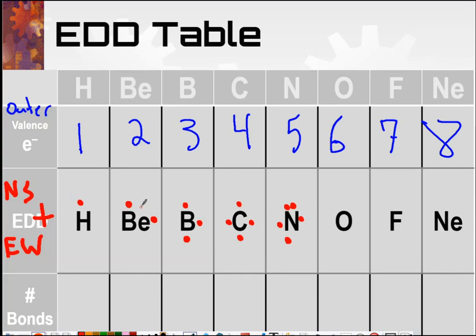Then oxygen is 1, 2, 3, 4, 5, and I'll do mine here for 6. And for 7, fluorine is 1, 2, 3, 4, 5, 6, 7.